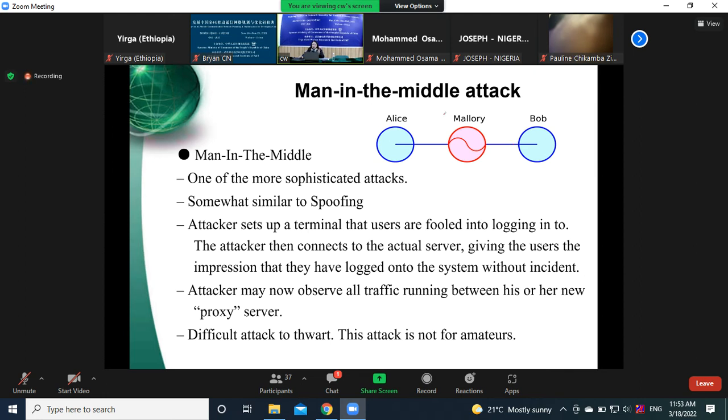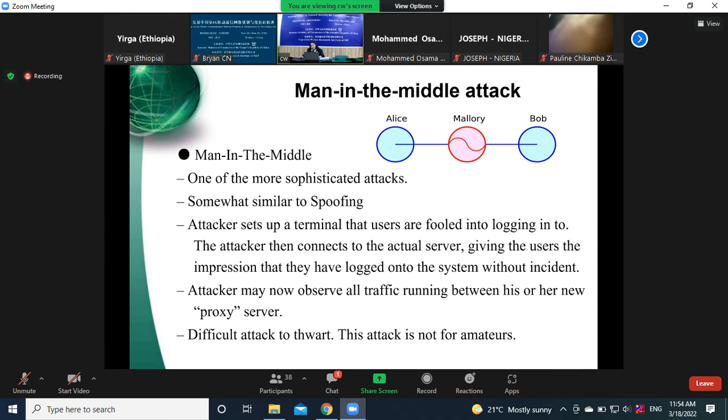For example, Alice first asks Bob for his public key, and if Bob sends his public key to Alice, but Mallory is able to intercept it, a man in the middle attack can begin, and Mallory sends a forged message to Alice that claims to be the key from Bob, but instead includes Mallory's public key.